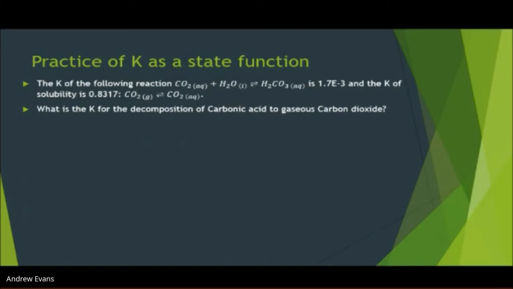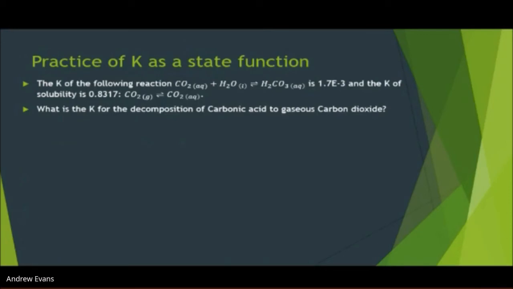Find K for the following reaction: CO2 plus H2O goes to H2CO3, aqueous. The K of this is 1.7 times 10 to the negative third. So CO2 aqueous plus H2O liquid goes reversibly to H2CO3 aqueous.